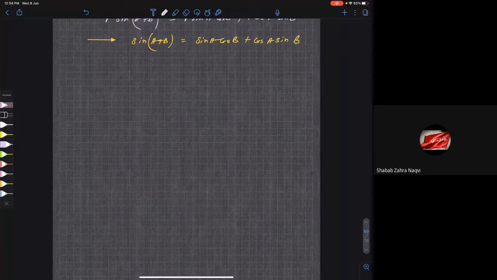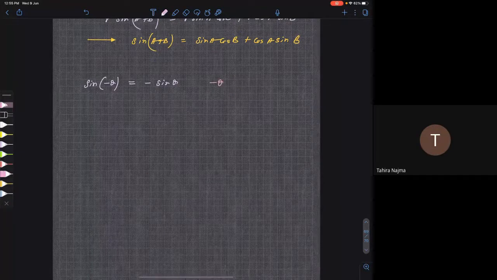Now let me tell you, sine of minus theta is equal to minus sine theta. Why? Where does minus theta lie? Minus theta lies in the fourth quadrant.